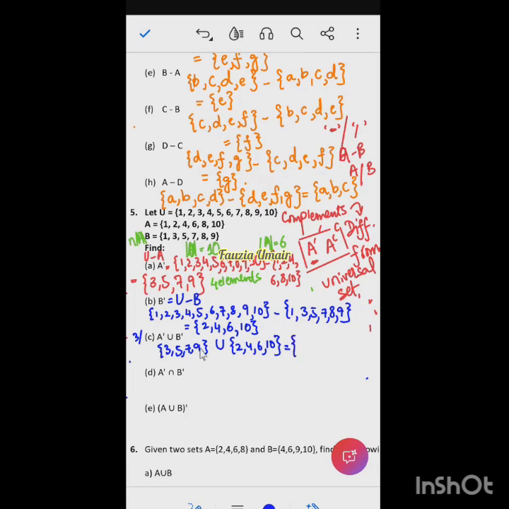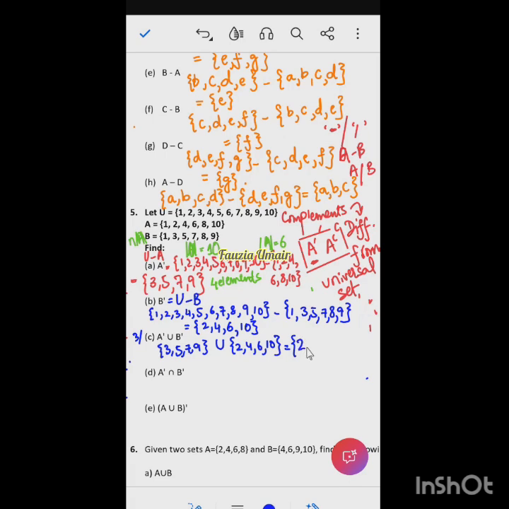Ma'am, it will include all the elements coming from both sets. But if someone is repeating, we will only write it once. The repeated elements will come once and the rest of all the elements will come. There is no repetition here. We can see clearly that A complement has different elements and B complement has totally different elements, so we will just combine them all.